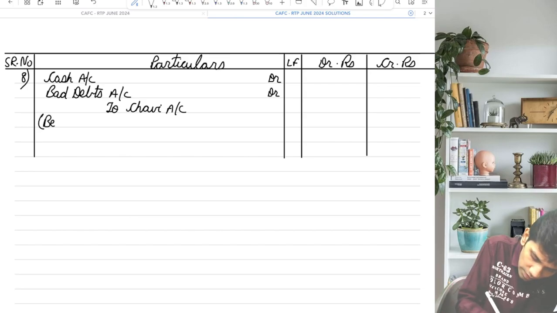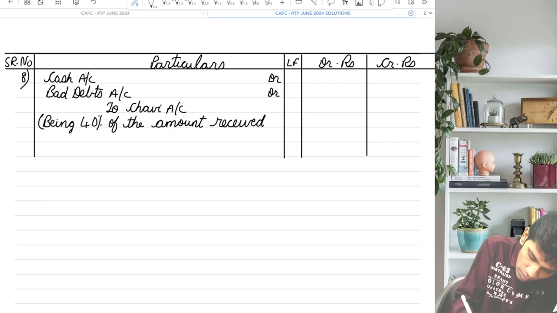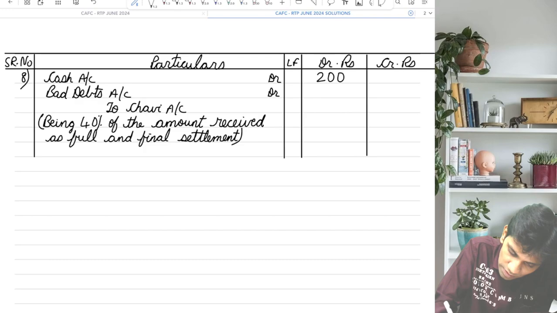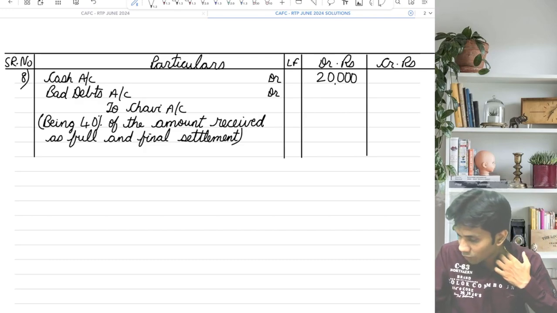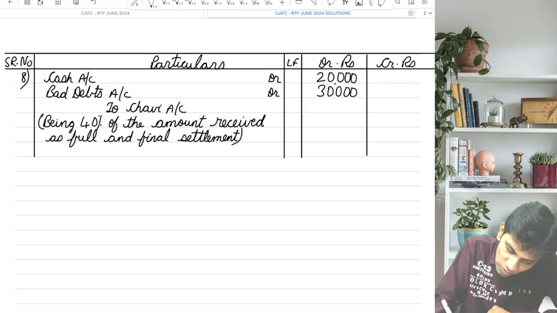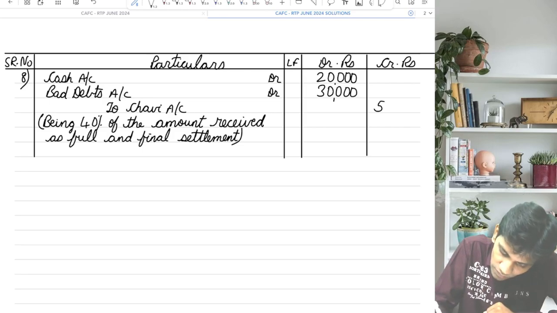We will write the narration: being 40% of the amount received as full and final settlement. What is the amount of the bill? 50,000. 40% comes to 20,000 if I am not wrong. He is paying 40%. So he is not paying 30%, 60%, sorry. That comes to 30,000 and total 50,000.